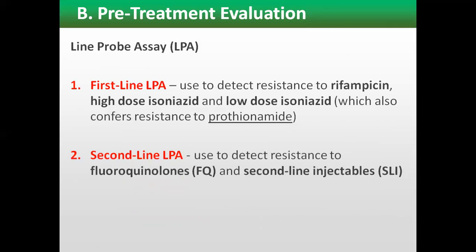Why do we determine low dose isoniazid? Because this will also confer resistance to another drug which is proteonamide. For second line LPA, this will now detect resistance to fluoroquinolones and second line injectables. So yung mga amikacin natin.